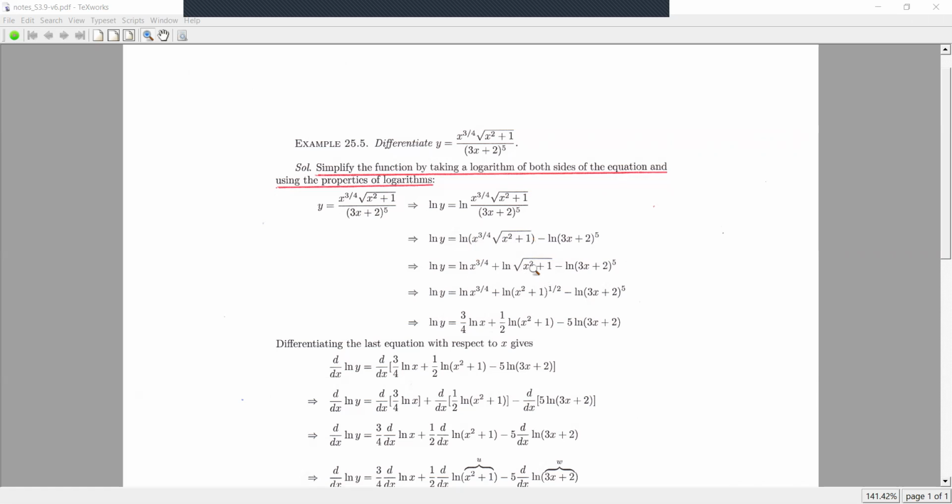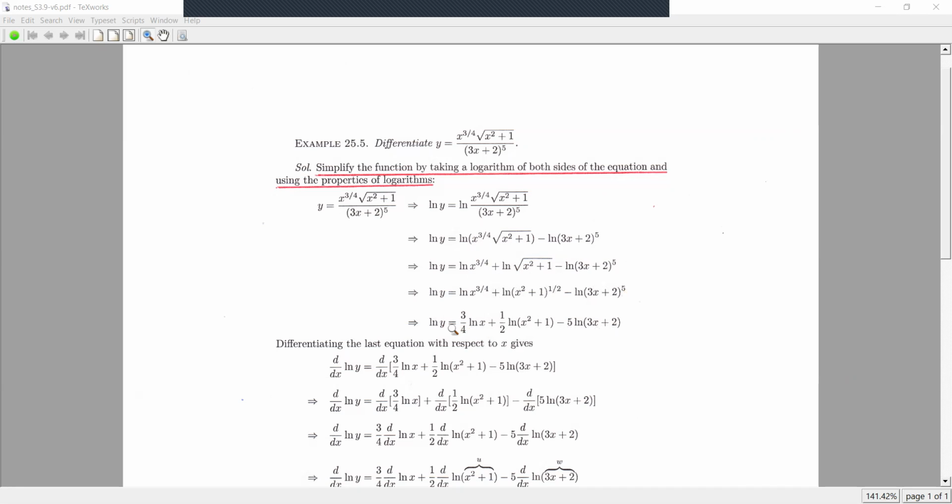The square root of x squared plus 1 is a power. It is x squared plus 1 to the 1/2. Now, move down the powers. Then I have this equation. The function on the right side of this equation is simple enough. We cannot further simplify this function.